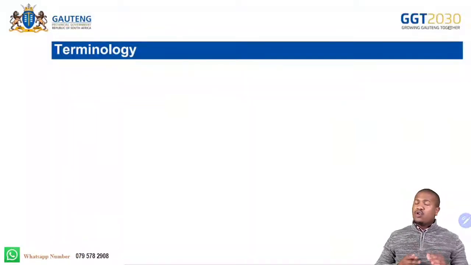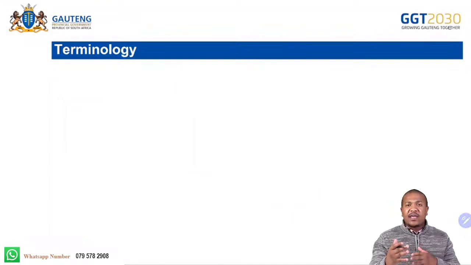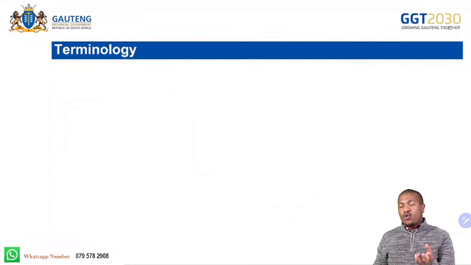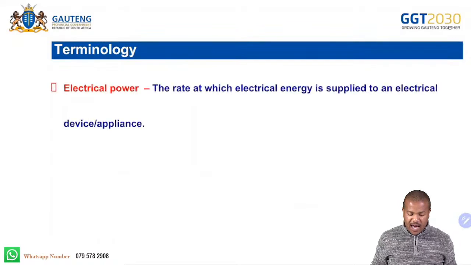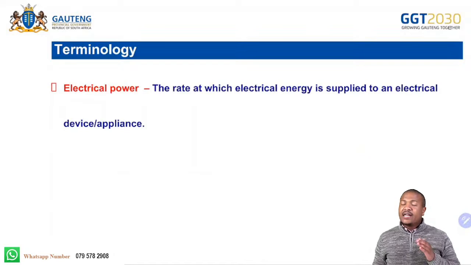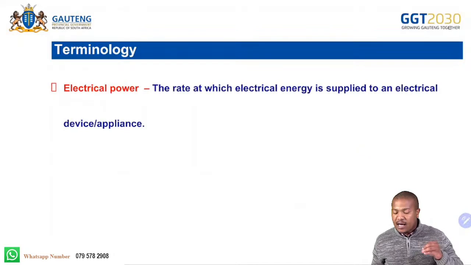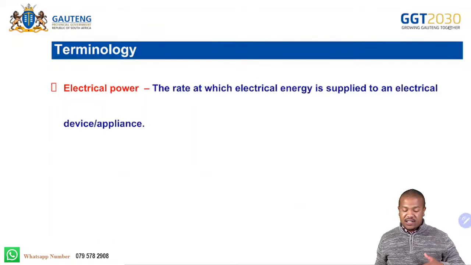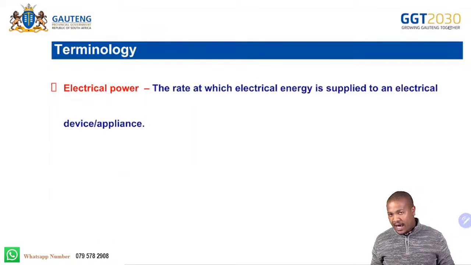We're going to start off by highlighting some of the important terms that we are going to come across, so that we understand this whole topic. The first term is electrical power. Electrical power is the rate at which electrical energy is supplied to an electrical device or appliance.